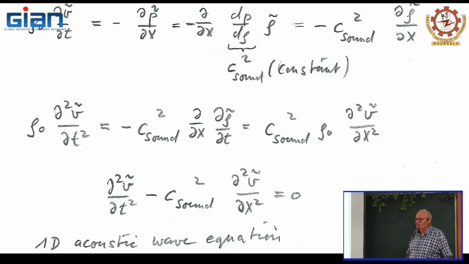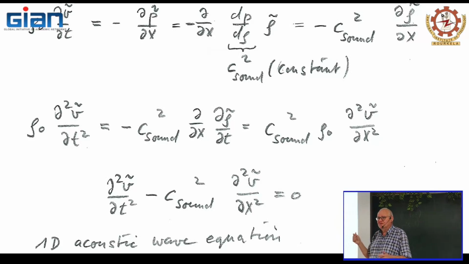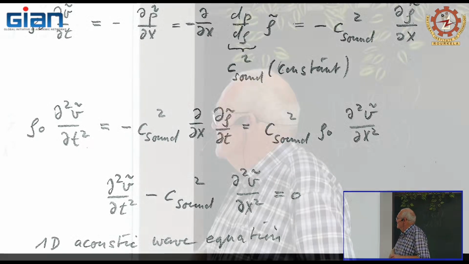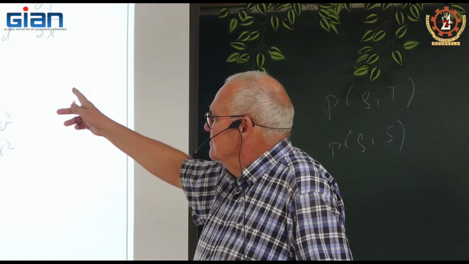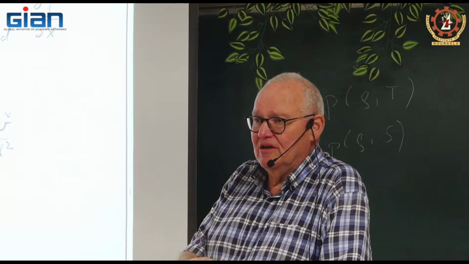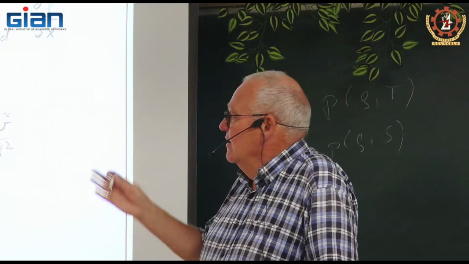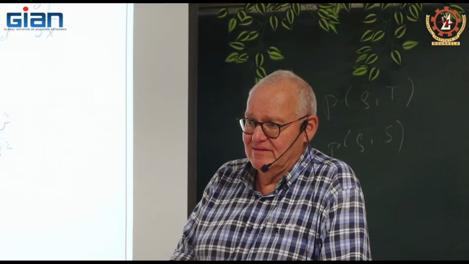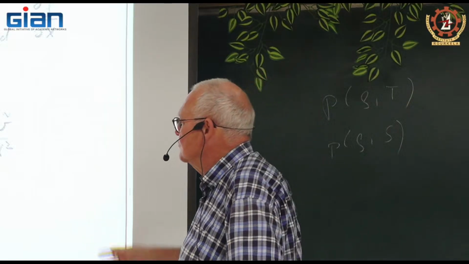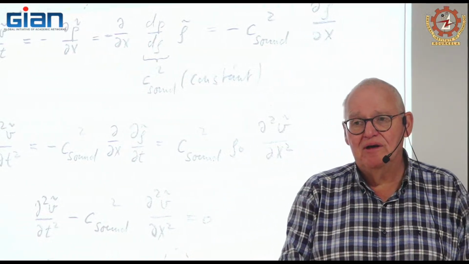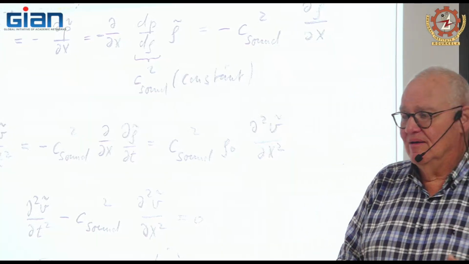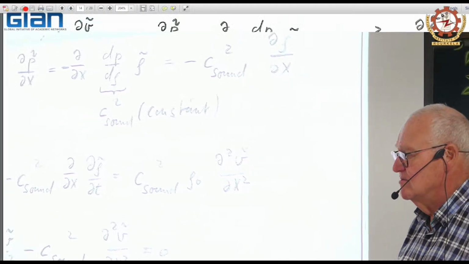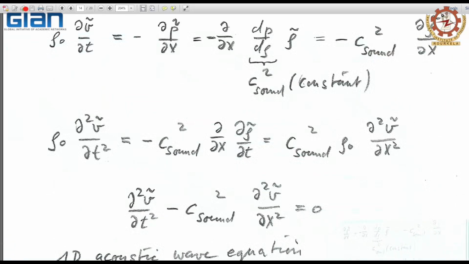Then this derivative would have to be taken at constant temperature or constant entropy, and this would then correspond to the square of the isothermal sound speed or the adiabatic sound speed. Usually it's the adiabatic sound speed, because the mechanical changes of state within a sound wave are fast compared to the thermal exchange of mass elements with their surroundings.